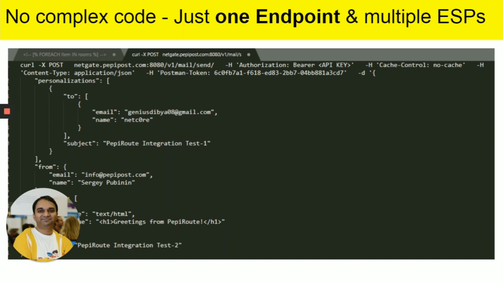The PepiPost delivery team is there to help you with setting these rules. They can do some of these smart rule settings for you on PepiRoute, so that whenever you are shifting your volume from any email service provider to PepiPost, it can be a smooth migration, and you are getting good email deliverability rates, and your emails are going into the inbox and not hitting the spam folder.